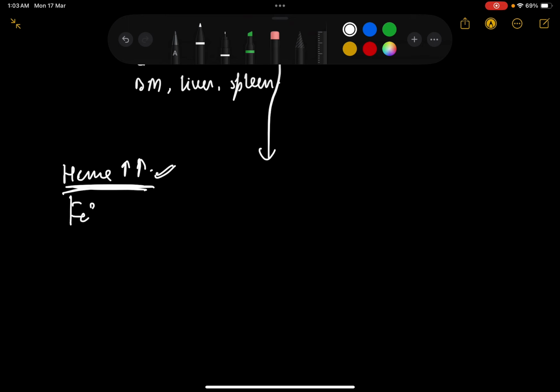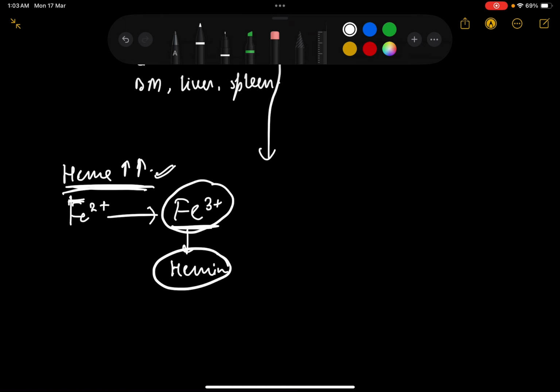The ferrous form is converted into the ferric form, and hence heme synthesis cannot occur. This ferric form is called hemin. So heme, which has iron in 2+ form, is changed into 3+ form to form hemin.